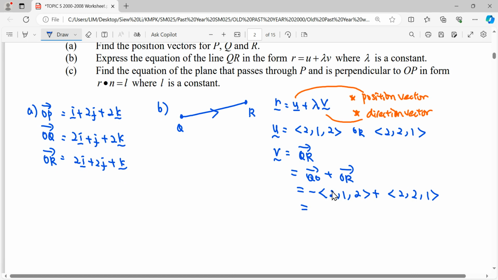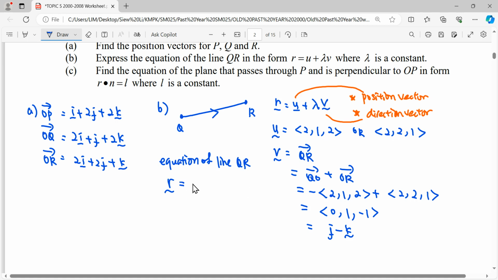Simplify this, it gives us 0. And then negative 1 plus 2 is 1. And then negative 2 plus 1 is negative 1. Means that the direction vector is 1j minus 1k. Then we can put in our equation here, where r is our general form equals to a point, either (2, 1, 2) or (2, 2, 1).